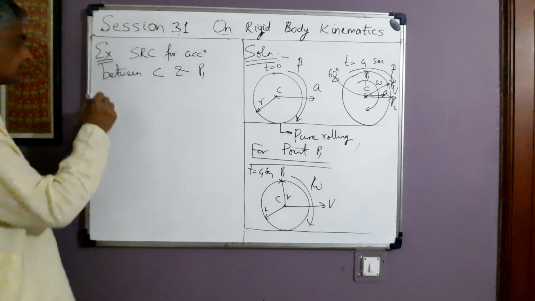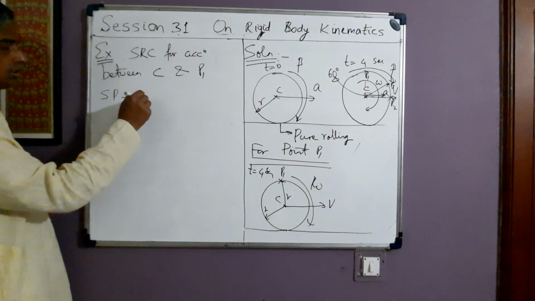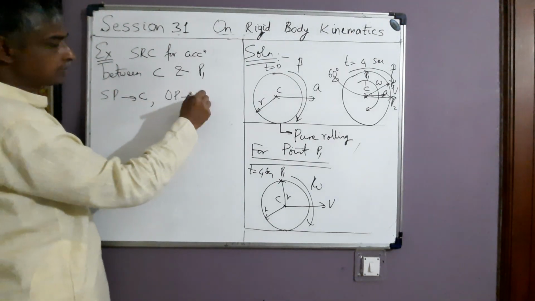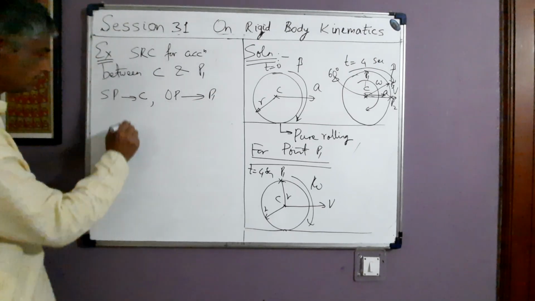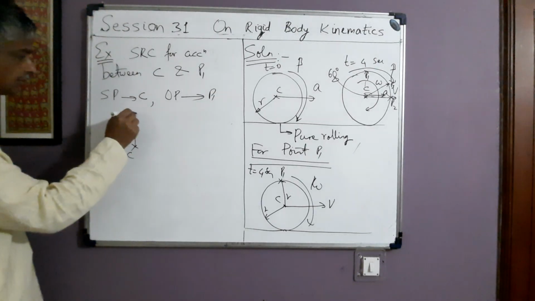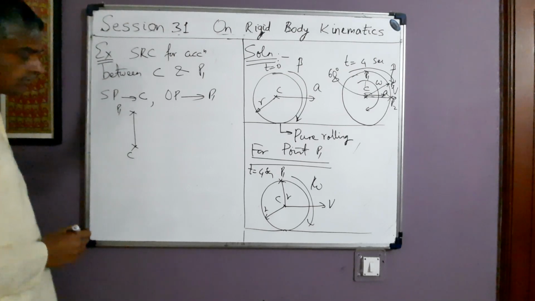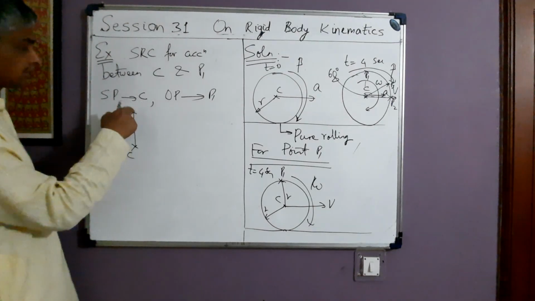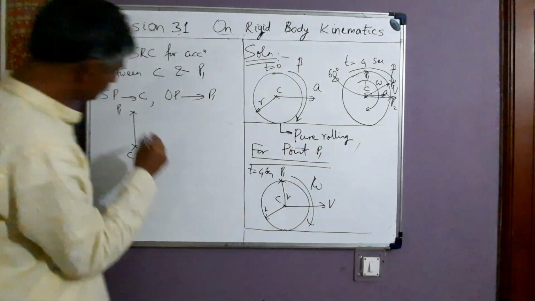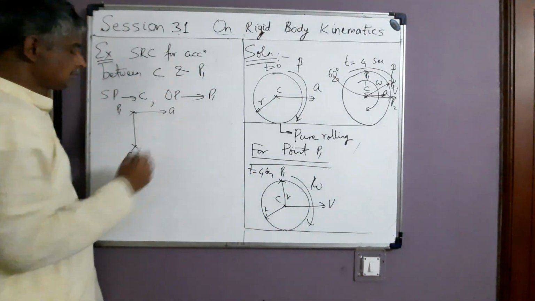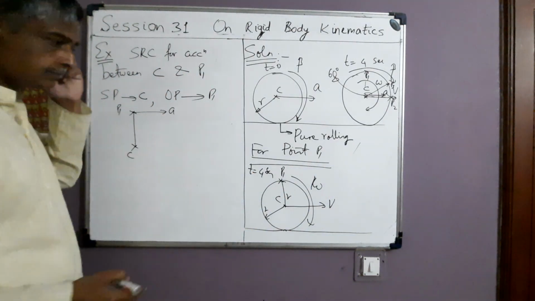So SP arrow C, OP any other point arrow P1. Now I draw the line joining SP and OP, which is just this line CP1. I give the acceleration of selected point C to other point P1. Acceleration of center C is A rightward, so I give A rightward to P1. Now we must know the value of A.